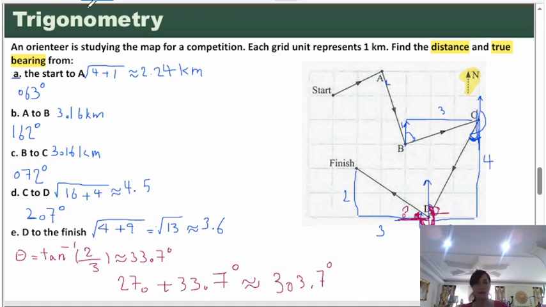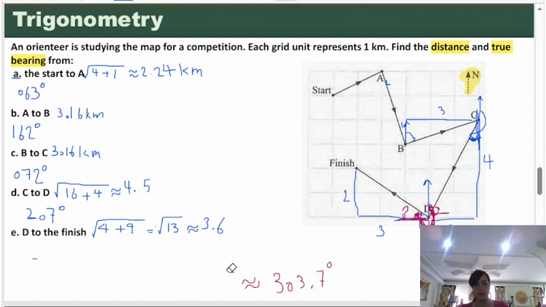As I said, I always write my bearing in 3 digits. Let's erase it and write the final answer here, which is 303.7. During the exam, to solve your homework, you have a calculator to calculate all this stuff.